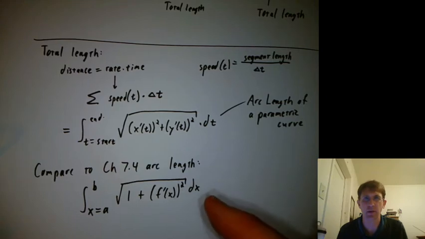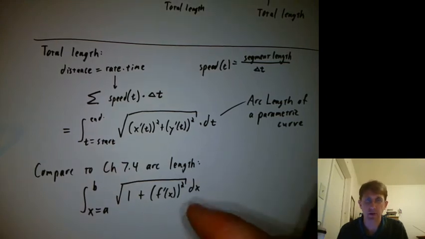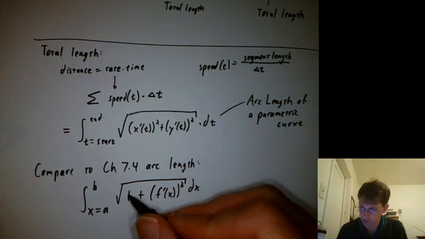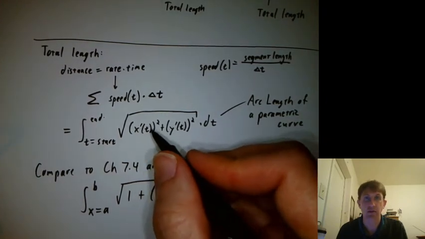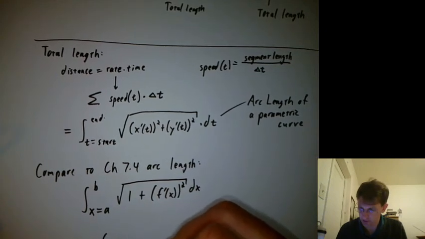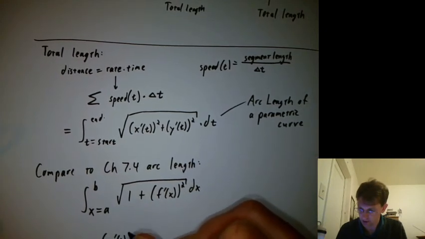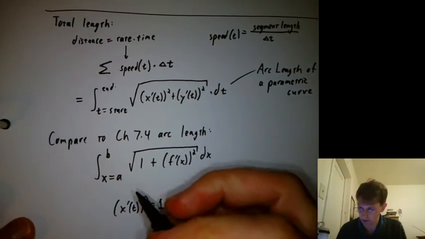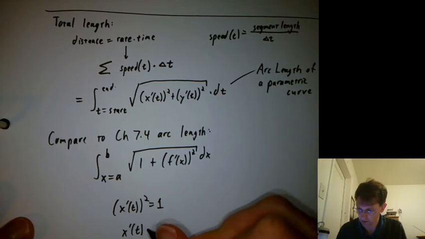It's something more complicated. So let's try to establish an analogy between these, or a relationship. We're seeing a 1 here where we saw x prime squared here. So what we're seeing is that x prime of t squared equals 1, which we could as well say just x prime equals 1.